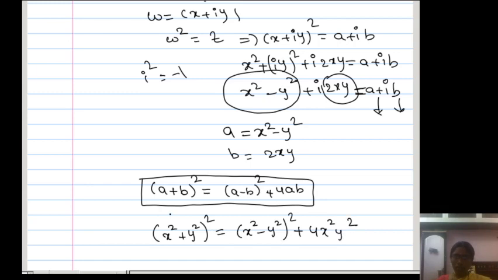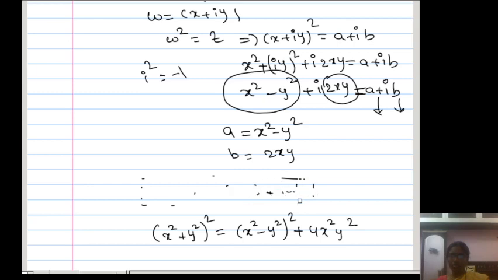Don't get confused here. Here a comma b is different. If you substitute directly, you will get it wrong. So instead of this, don't write this. In another terminology, this is not possible. Instead of a comma b, you can write in another way.